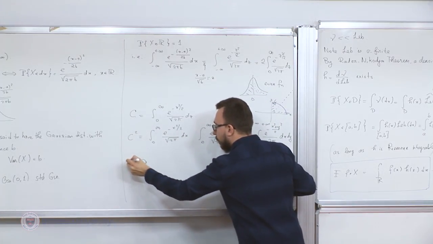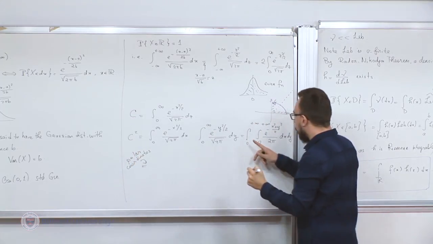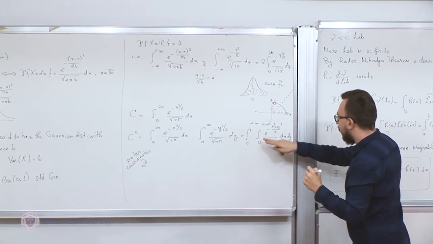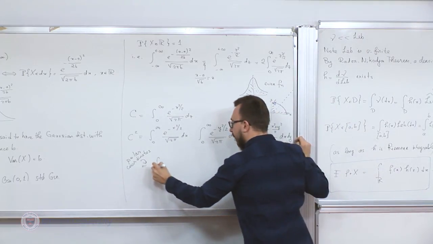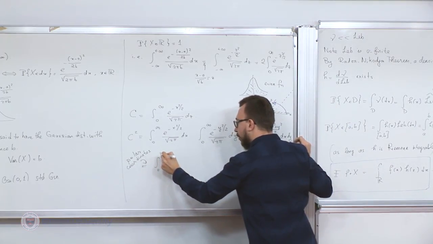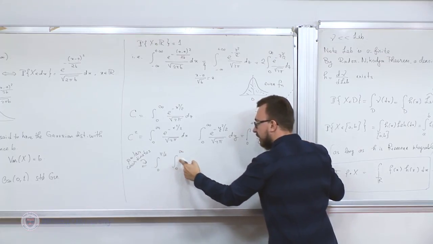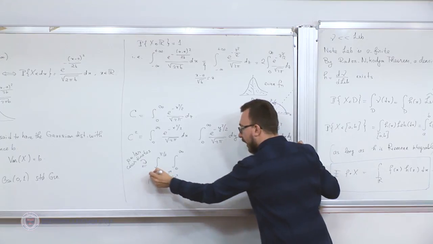Polar coordinates. So this is dx from 0 to infinity, dy from 0 to infinity. So in the polar coordinates, we're going to have 0 to pi over 2 and 0 to infinity. So this is for the radius, and this is for the angle.